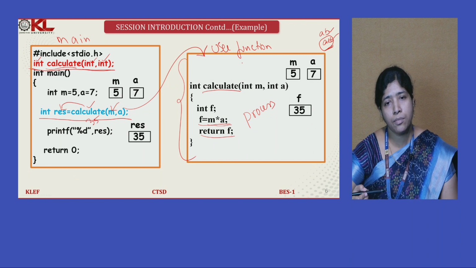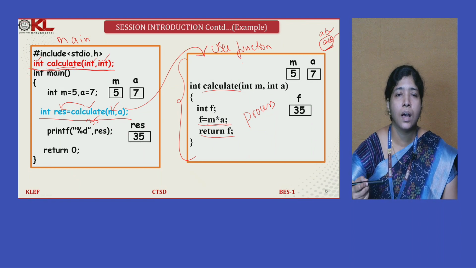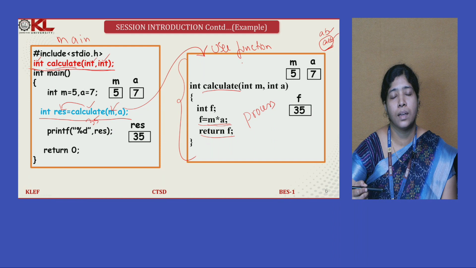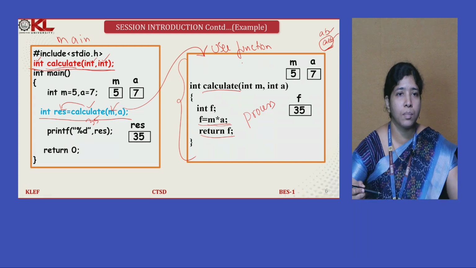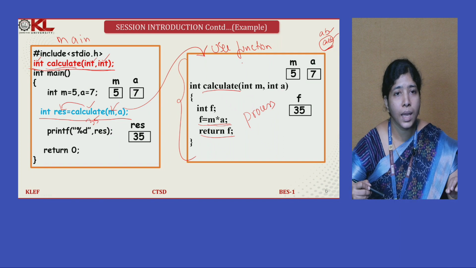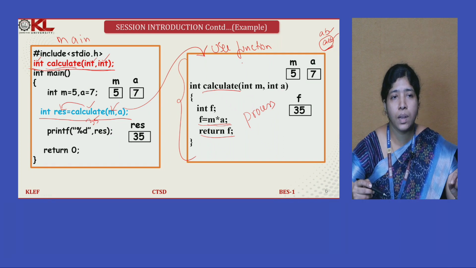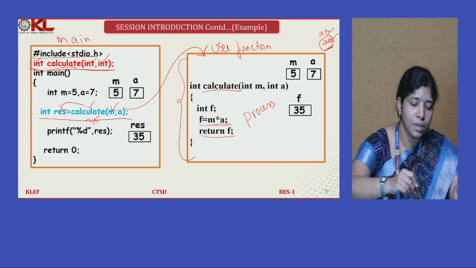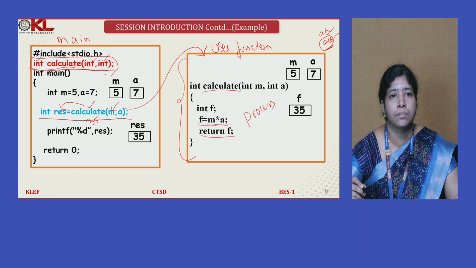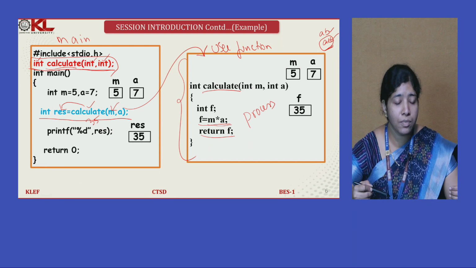Now we'll go into the definitions and see the categories, how many categories there are and how we can implement these functions with the list of arguments. One more thing, again I repeat: whenever you write a user function name, you are supposed to include it above the main function, because the main function does not know who calculate is.